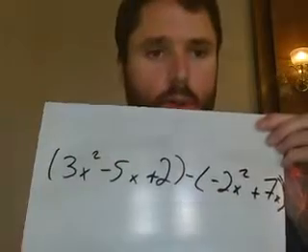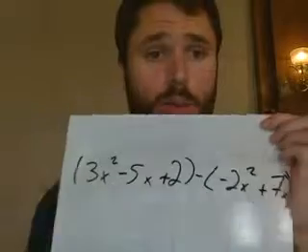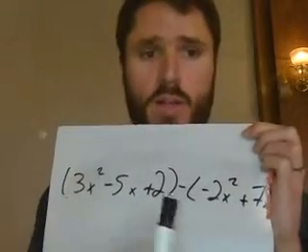Okay, so this is essentially what we're doing. Okay, are there any like terms we can combine? Yes, we can combine the 3x squared minus negative 2x squared, which is positive 5x squared. And then we have negative 5x minus 7x, which is negative 12x. And then we have the plus 2, and he's just hanging out.